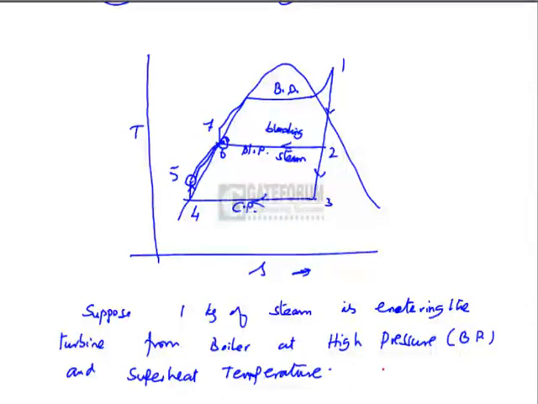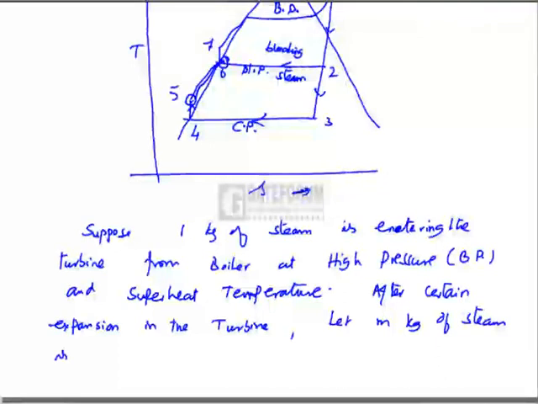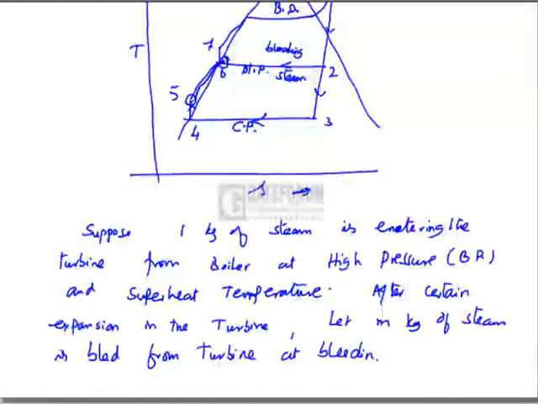After certain expansion in the turbine from boiler pressure to bleeding pressure, let m kg of steam is bled from turbine at bleeding pressure P2.